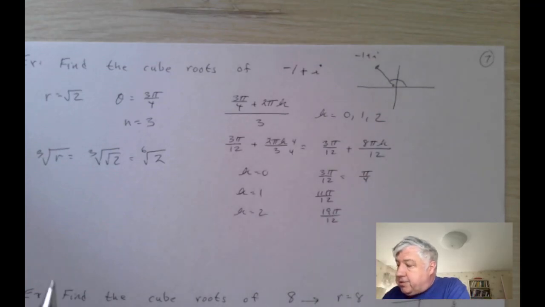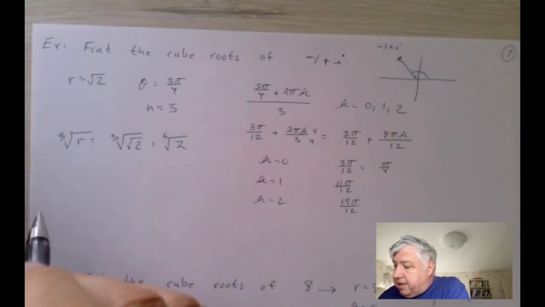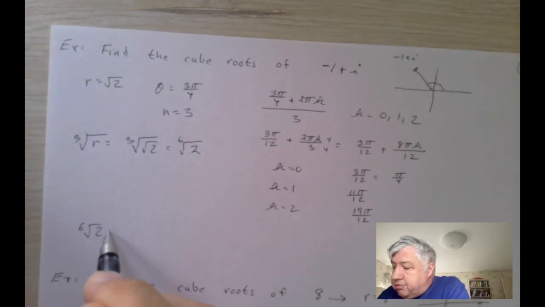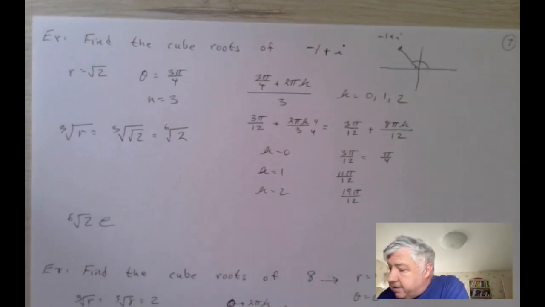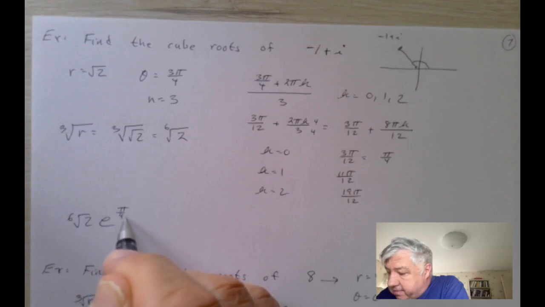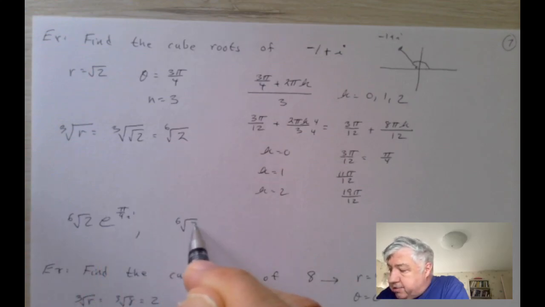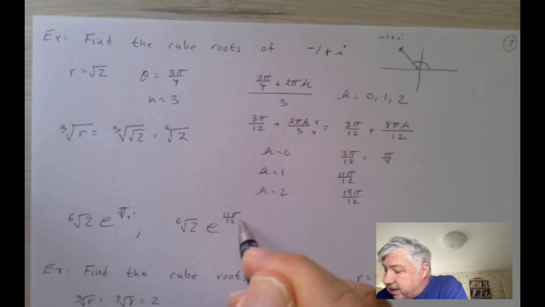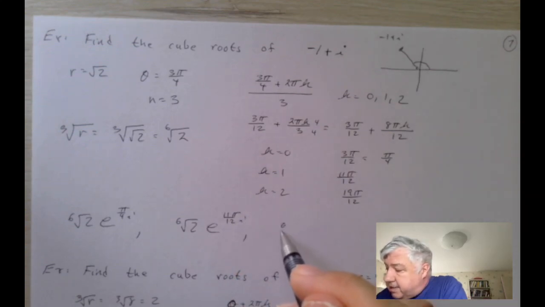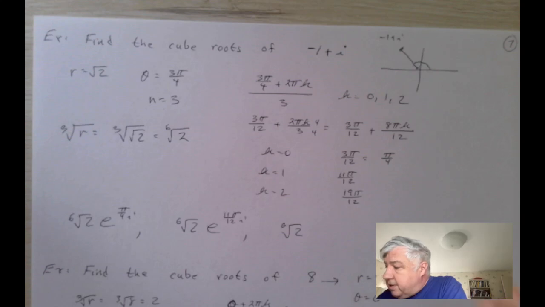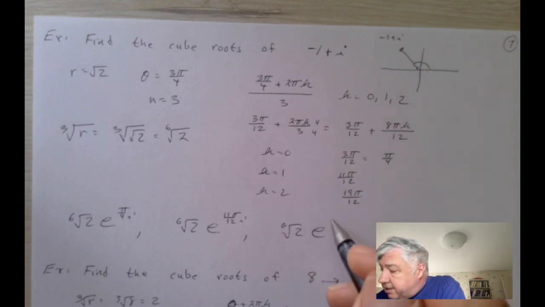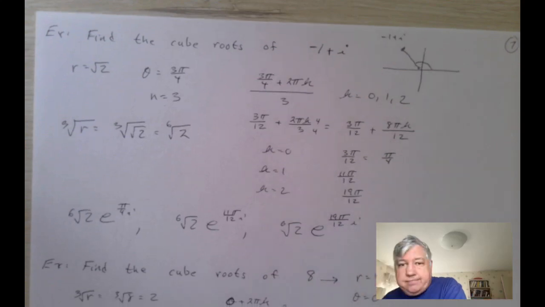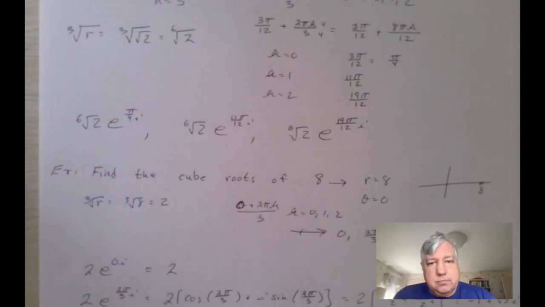Okay, so the 3 solutions will be the 6th root of 2 times e to the pi over 4 i, the 6th root of 2 times e to the 11 pi over 12 i, and the 6th root of 2 times e to the 19 pi over 12 i.